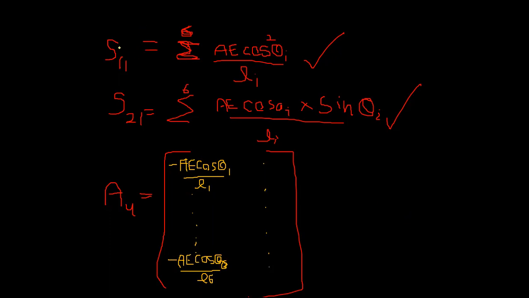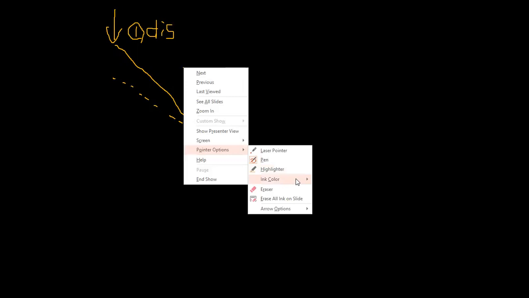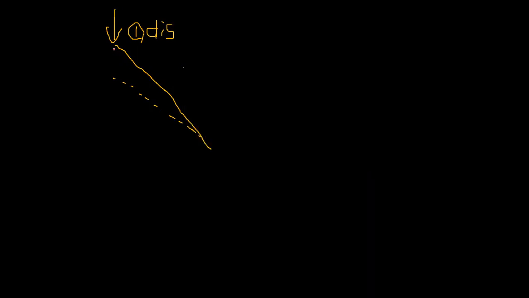So we are applying a unit displacement in the other direction. Unit displacement. So we'll consider the member is like this then. This is displaced, so the length is reduced.